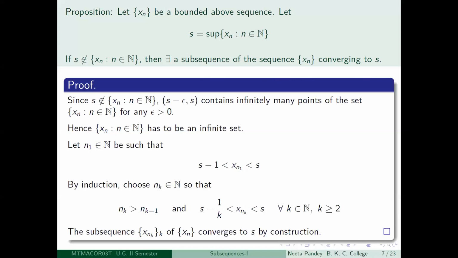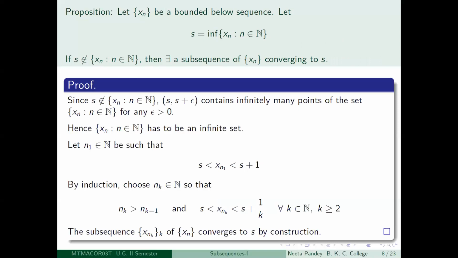The original sequence is converging to 0, and it is also bounded above by 1, because your sequence is 1, 1/2, 1/3, 1/4 and so on. But since this sequence is converging to 0, every subsequence of this is converging to 0. There is no possibility of any subsequence converging to 1. So this condition that the supremum should not be a term of the sequence is essential to this result.